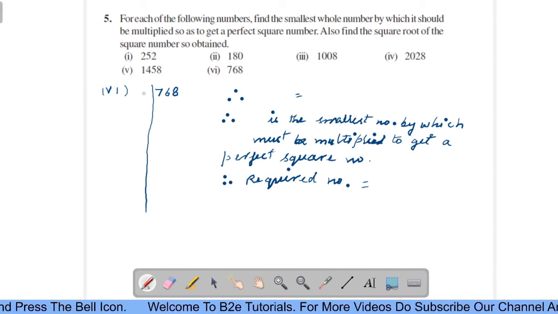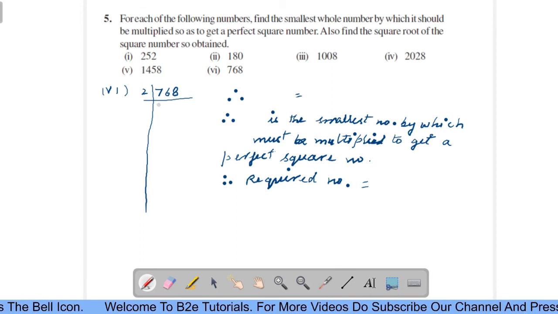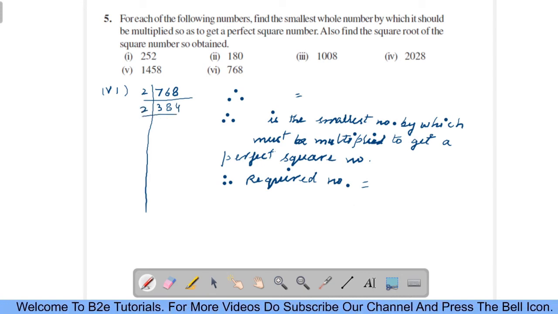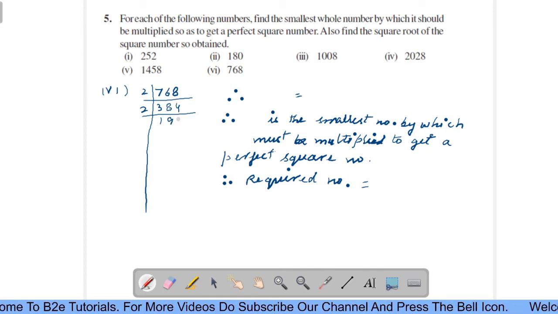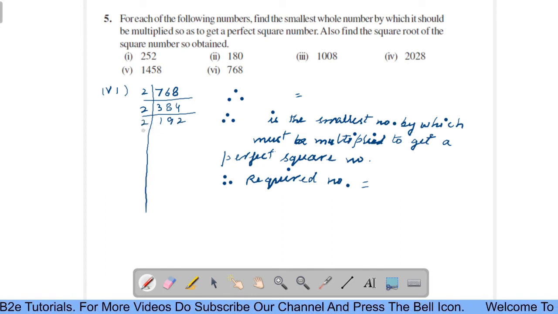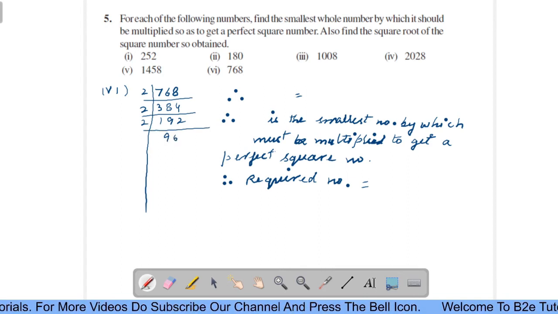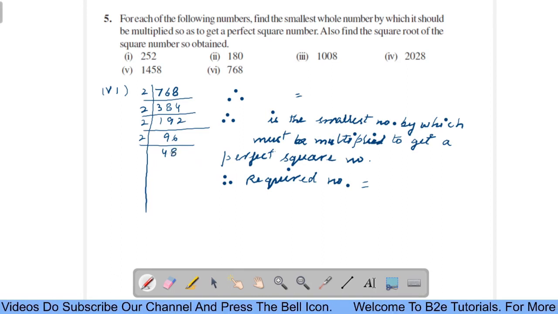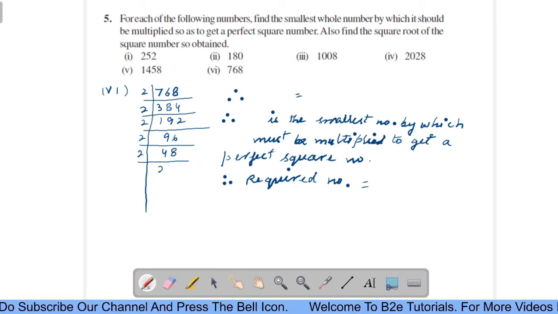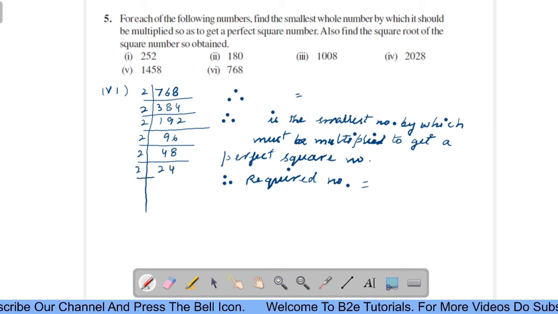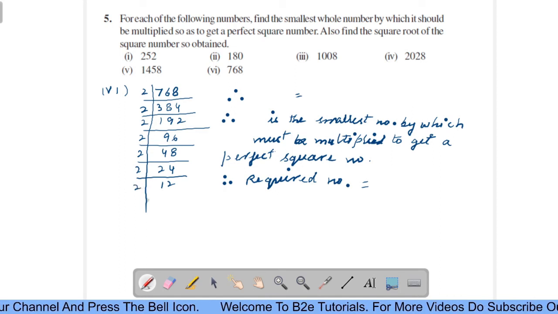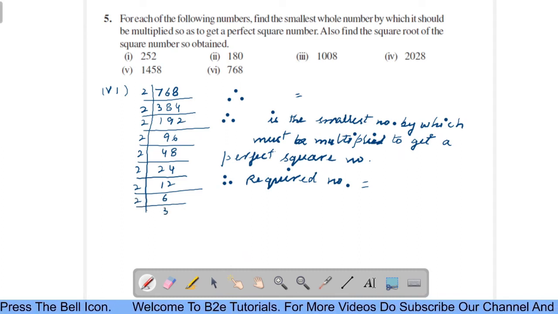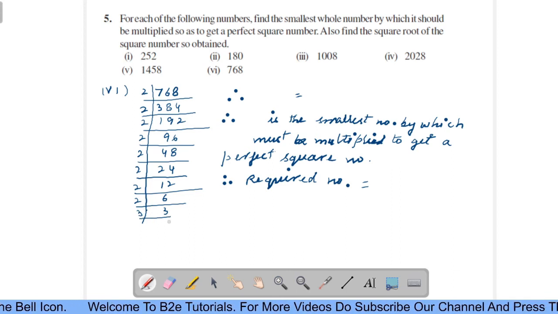So divided by 2, it is 2 3 is 6, 2 8 is 16, 2 4 is 8, again by 2, 2 9 is 18, 2 2 is 4, again by 2, 2 6 is 12, again by 2, 2 4 is 8 and 2 8 is 16, again by 2, 2 2 is 4, 2 4 is 8, again by 2, you will get 12, again by 2, you will get 6, again divided by 2, you will get 3, again by 3, you will get 1.